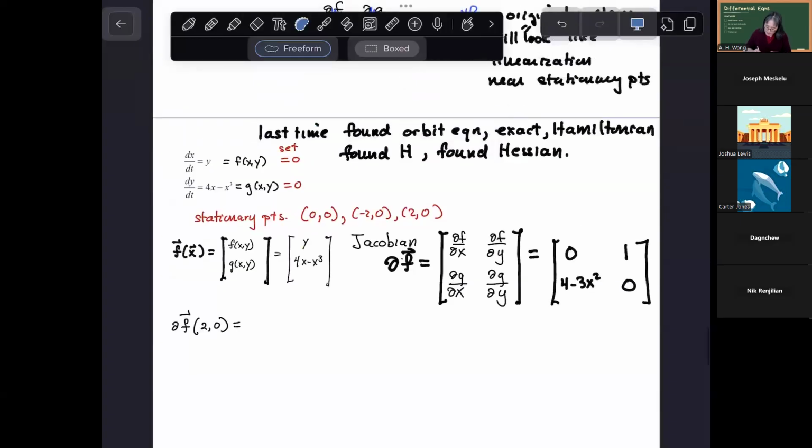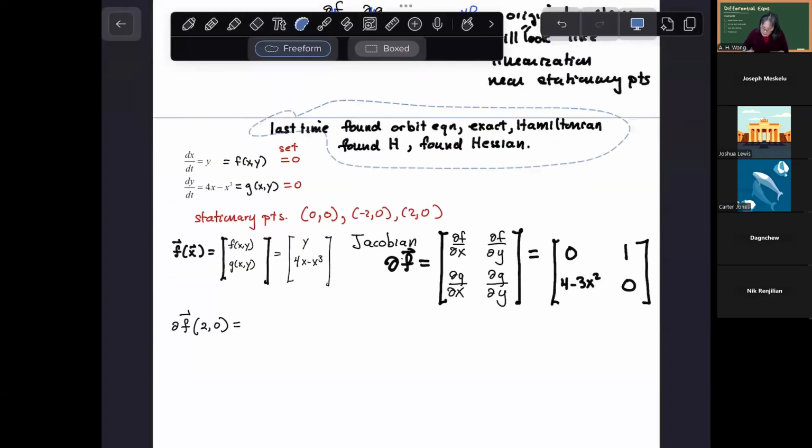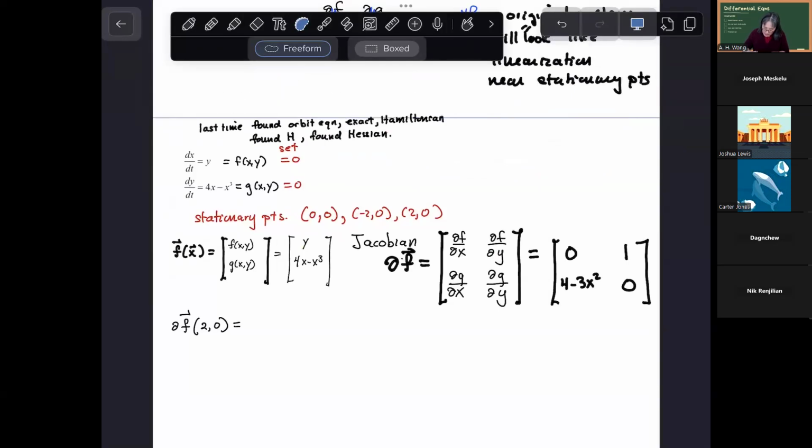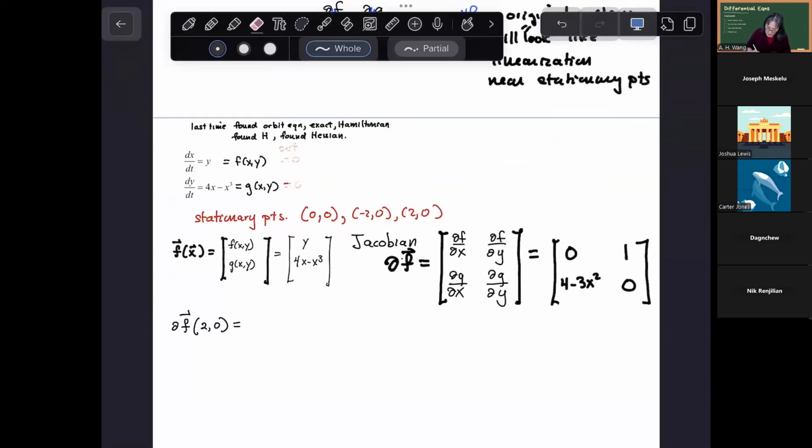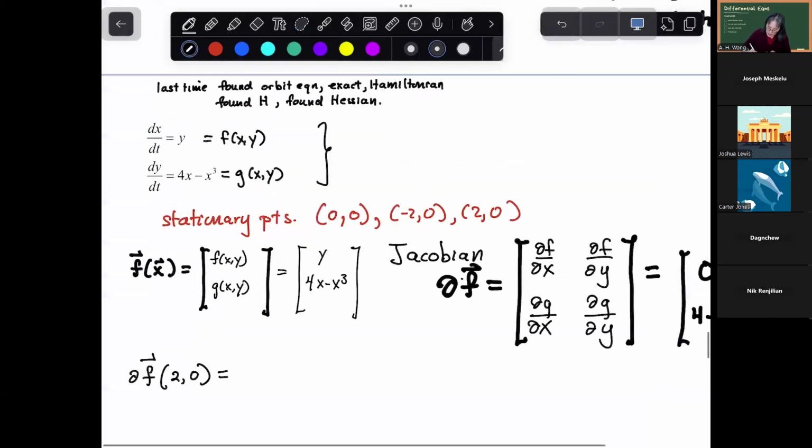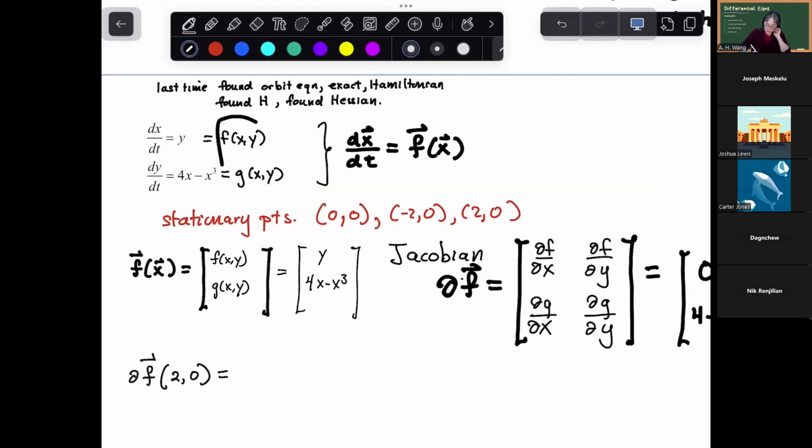By the way, one more time, before we get started, does everybody see now, after you find all of this, the whole thing can be written as dx/dt equal f of x? Because this part is this, and this x is this and this. Does everybody see that? So it looks like something from part 1.